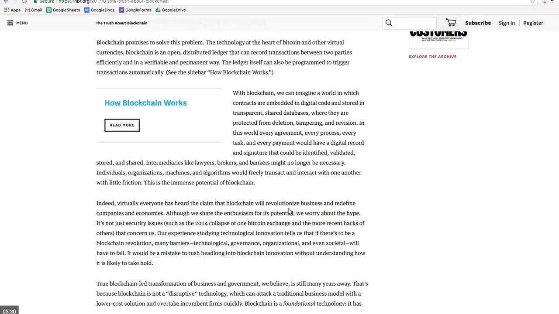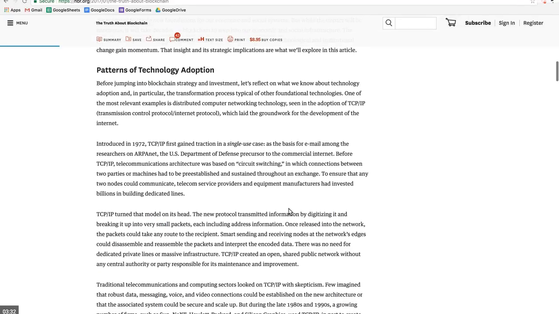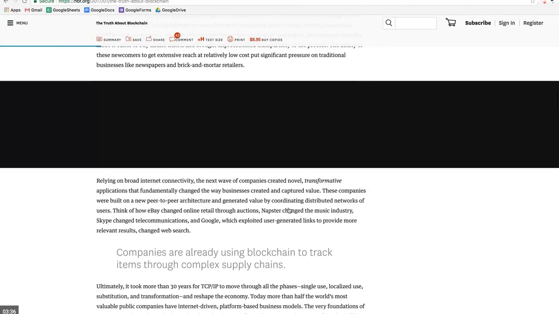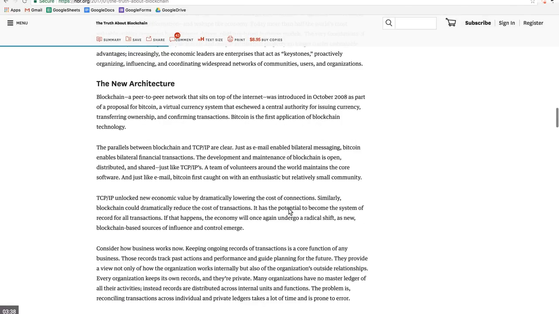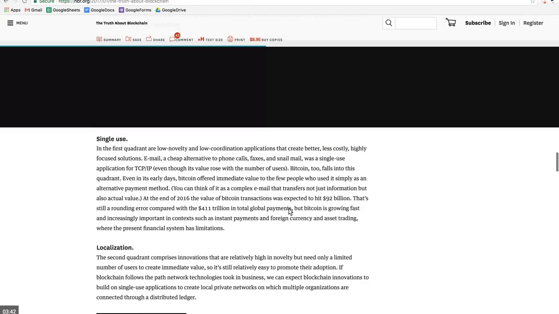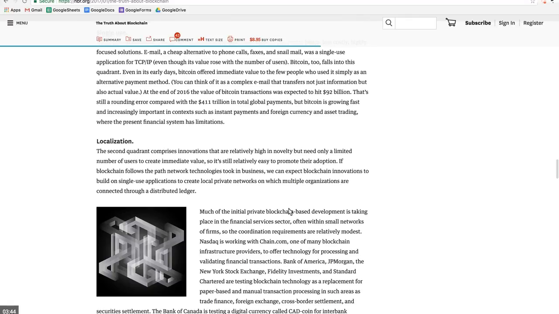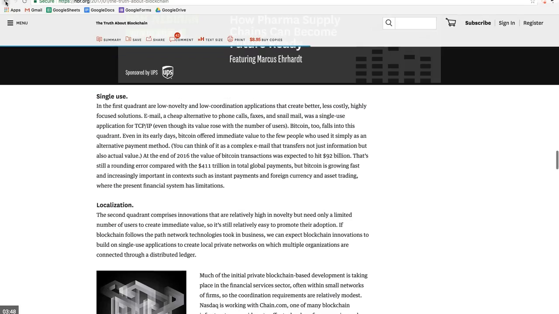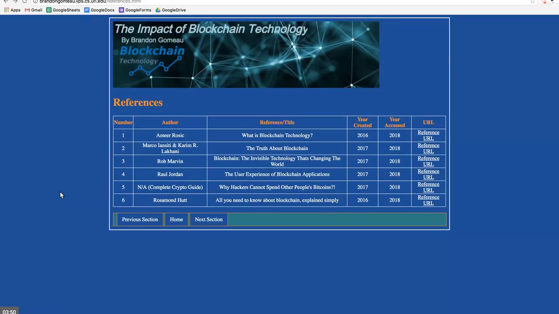This is a very, very detailed article about how blockchain is implemented, how it's used, the new architecture, the framework for blockchain, the framework for adoption, and many more different things. It was one of my favorite references because it was so detailed, and it comes from Harvard Business Review.